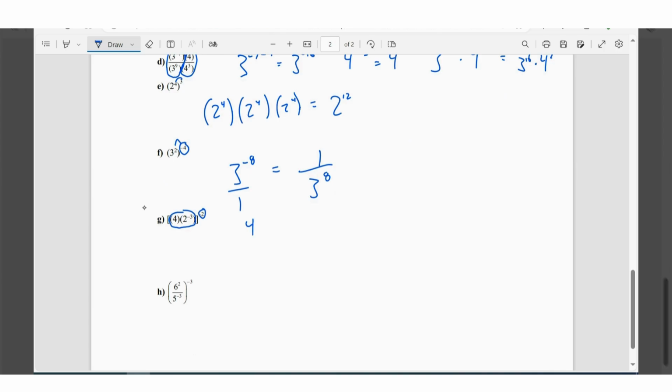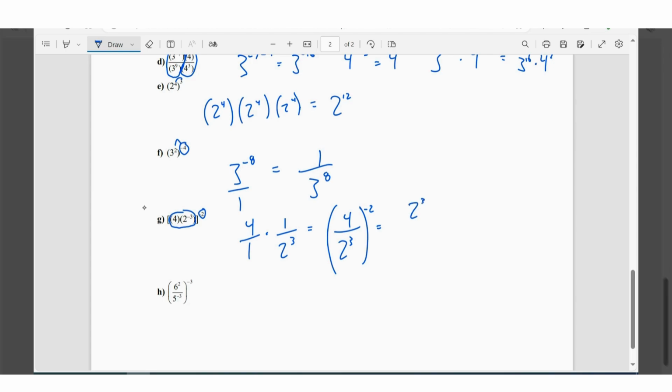So we can think about this as 4 over 1 times 1 over 2 to the positive 3, which would give us 4 over 2 to the positive 3. And this whole thing is still to the negative 2. Now when we have a negative exponent, we can flip or take the reciprocal of our base.